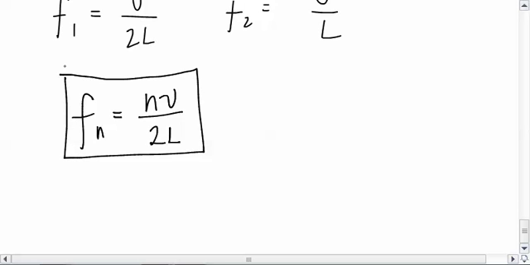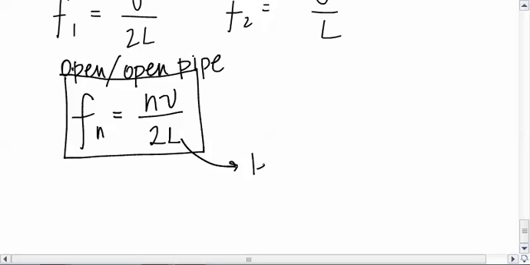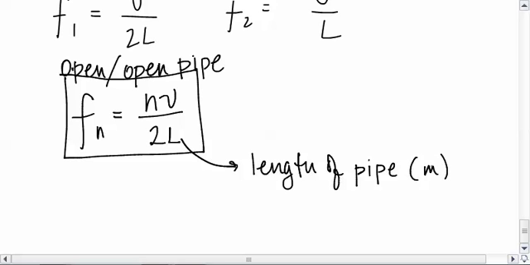So this is the open pipe. Now this is the length of the pipe, and that would still be measured in meters. This is not the speed of a string because it's not a string. What's inside this pipe? Air.